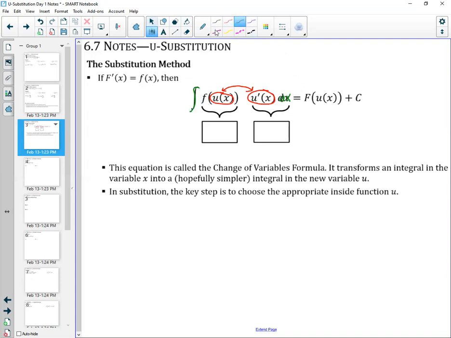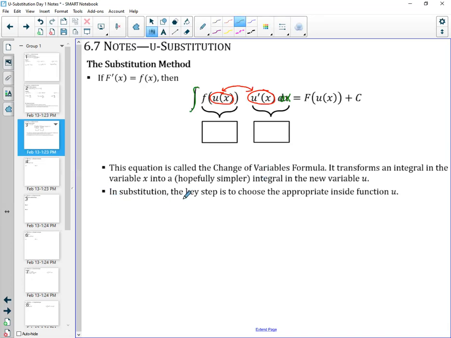So the derivative of u is sitting somewhere inside the integral still. And if that works, then this is just the antiderivative of f evaluated at u. It's like a change of variables, and the idea is that if you can rewrite this, you normally get an easier integral to evaluate.